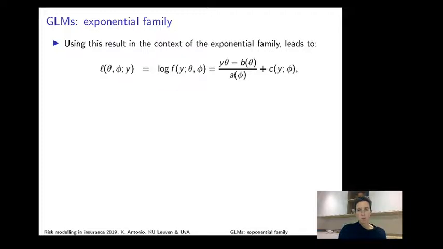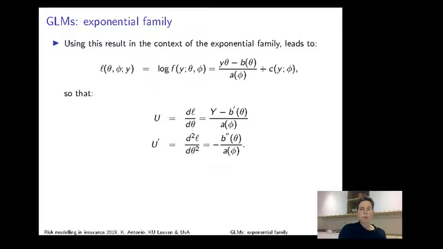So the log density, in this case, starting from the expression on sheet 5, is given as follows. You will take the derivative of this log density with respect to theta, and that gives you the expression for U. Again, consider it as a random variable. The derivative of U with respect to theta then easily follows.